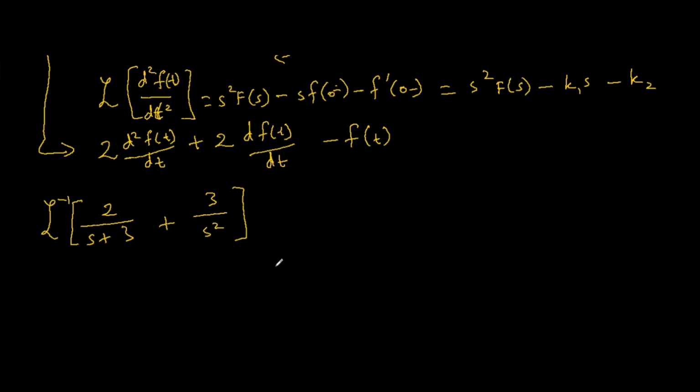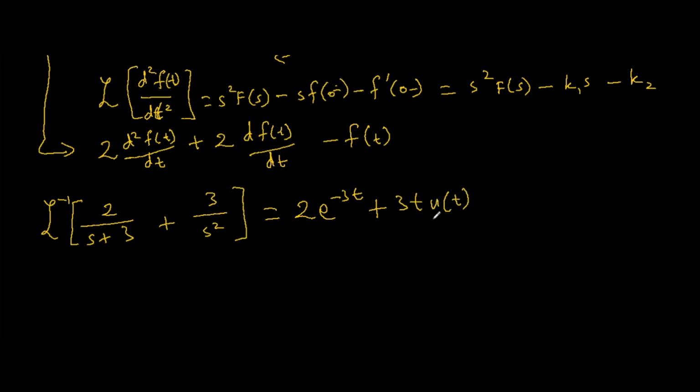So if I were to find the inverse Laplace transform of this, I would just go ahead and write the solution to this, and I think by now you should have enough experience to know that for this first expression here, the solution will be 2 exponential minus 3t, 2 being a constant, and then 1 over s plus 3 is the Laplace transform of e to the power minus 3t. This expression here divided by s squared looks like a ramp. Okay, it looks like a ramp, but you have a constant 3 there. So it is not a unit ramp, it's now 3 t u of t.